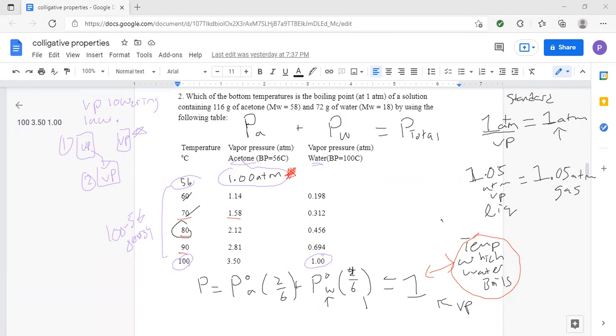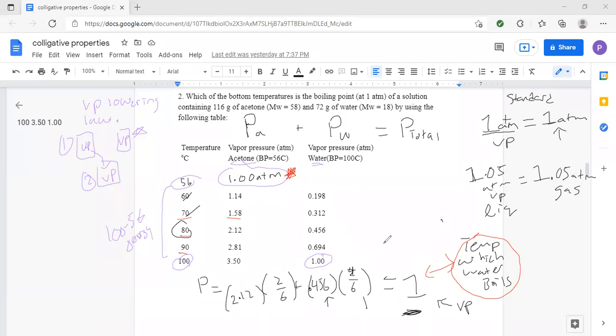So when you plug in 2.12 atm, that's the vapor pressure acetone will be at 80 degrees, and 0.456 atm, that's the vapor pressure water will be at 80 degrees, so that you can get the mixture to boil at 1 atm.